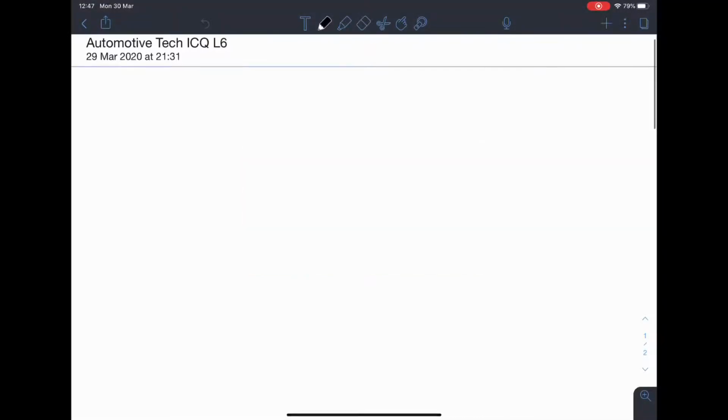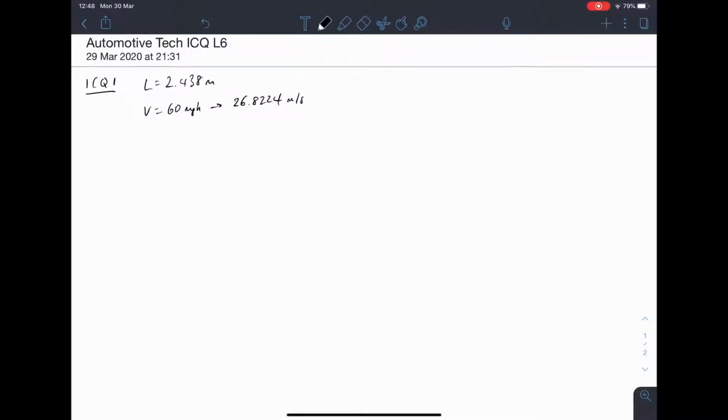So for in-class question 1, we're taking the same data from in-class question 2 from lecture 5. We have a wheelbase, L, of 2.438 metres, and a speed, V, of 60 miles per hour, which we know is 26.8224 metres per second.